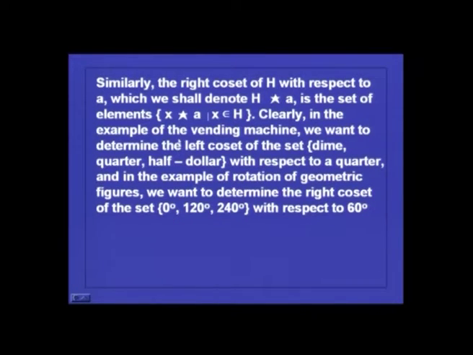And in the case of the rotations of the geometric plane, first the initial rotation is 0, 120 or 240, followed by a rotation of 60 degrees. That is, in essence you want to determine the right coset of the set 0, 120, 240 with respect to 60 degrees. So, this is the essence of right coset and left coset, which we have seen now.